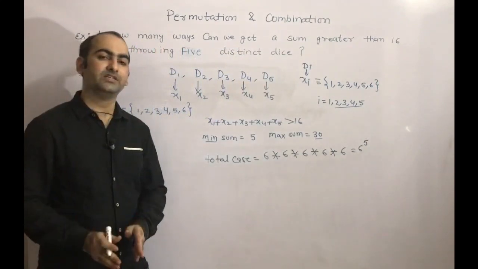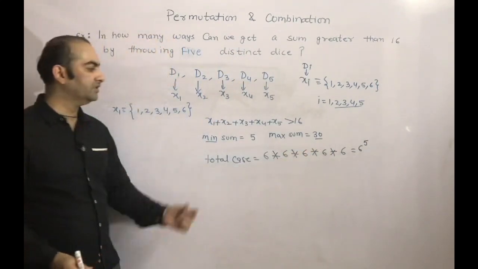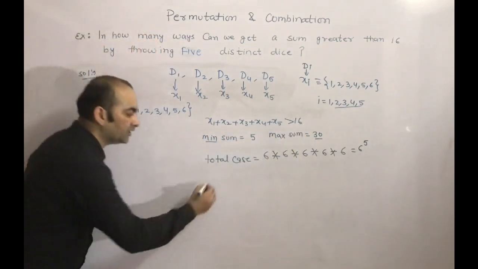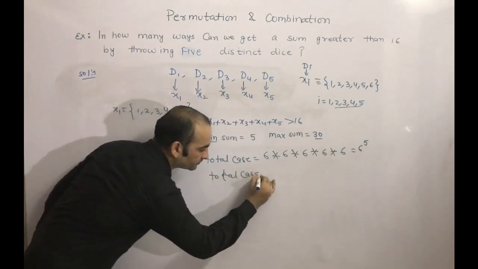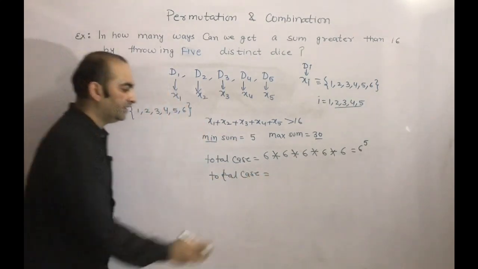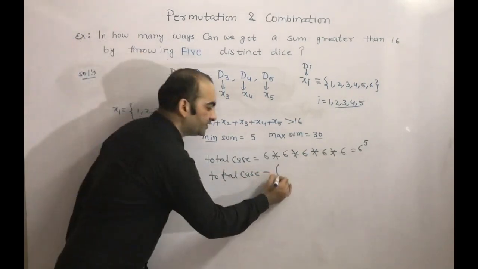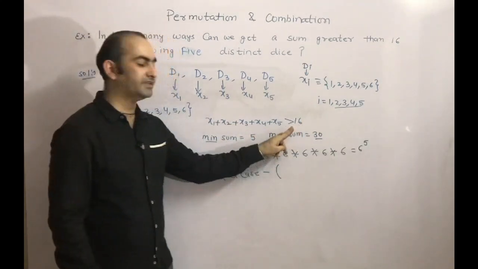In total cases we get every summation from 5 to 30. But we want the summation to be greater than 16. So what you will do is, from the total cases, subtract the cases where the summation of the 5 dice is less than or equal to 16, because we want greater than 16.